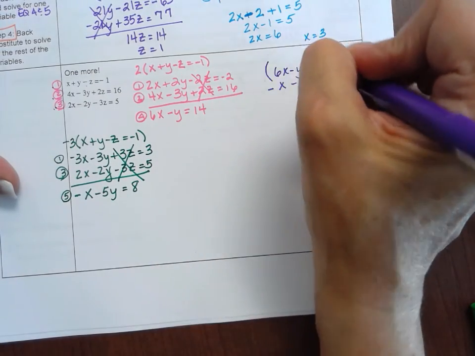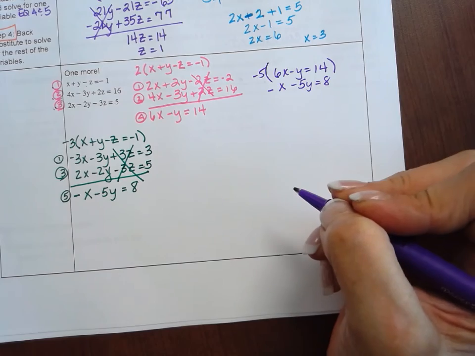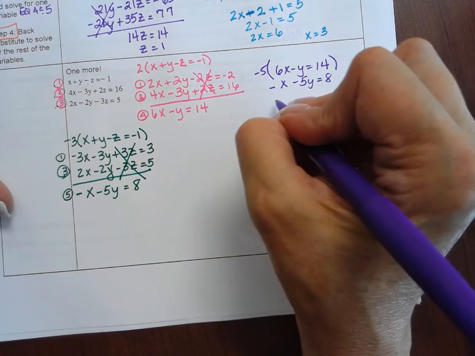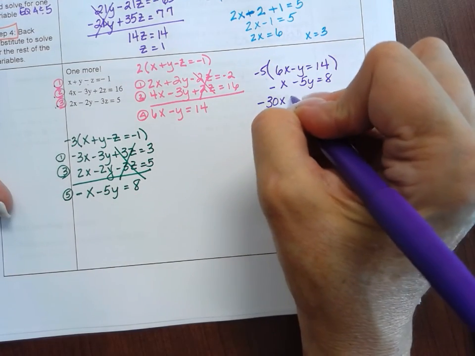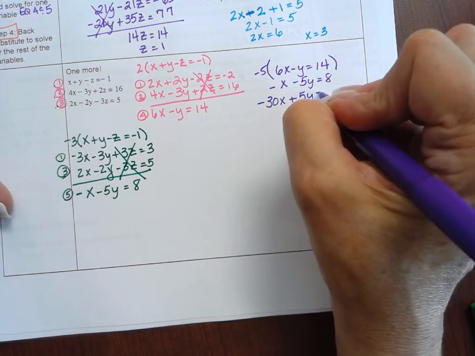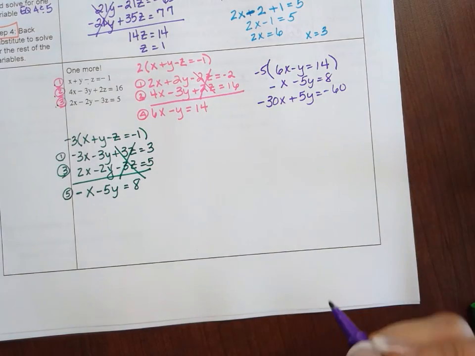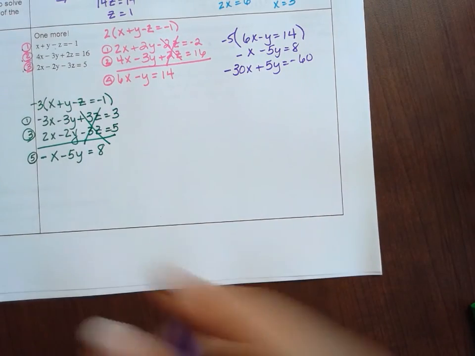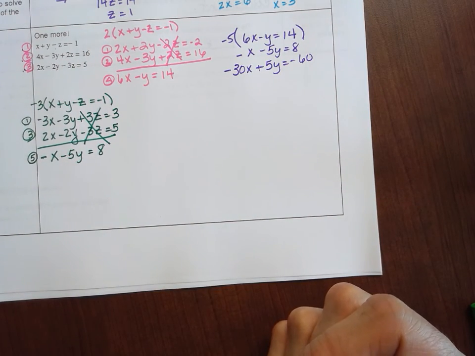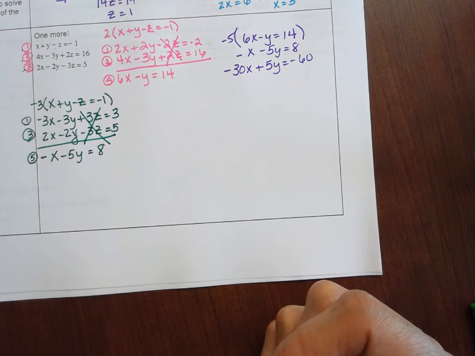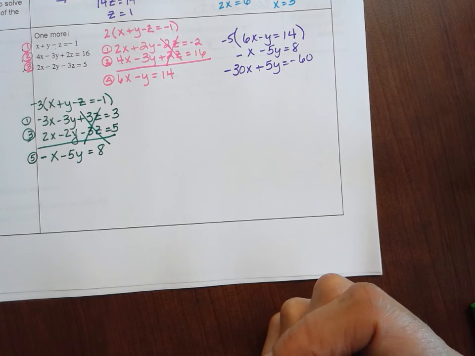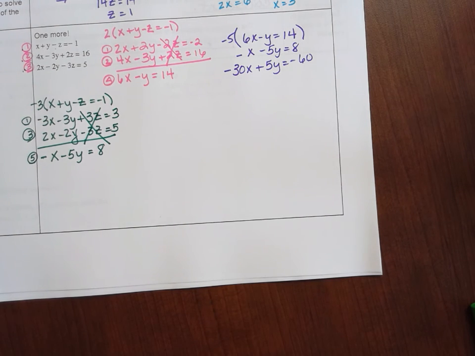I love it, but let's multiply by -5 just to make it easier, because then I get a positive 5y equals -60. If you do just by 5, the biggest thing is that you gotta say, okay, they're the same size, so I need to subtract them.